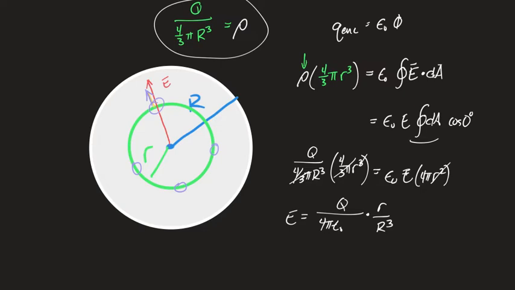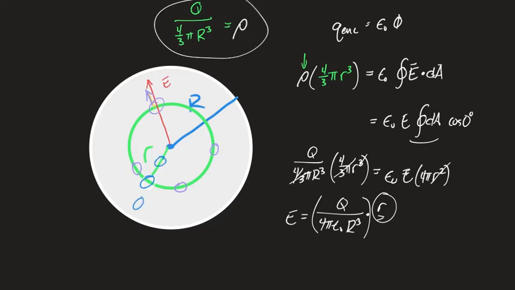Grouping them out, I guess I could put the R cubed on the other side. The idea is I want to make sure that we understand that the only actual variable that matters here is the r. This is all a constant, but this is the part that indicates where we are inside the circle.